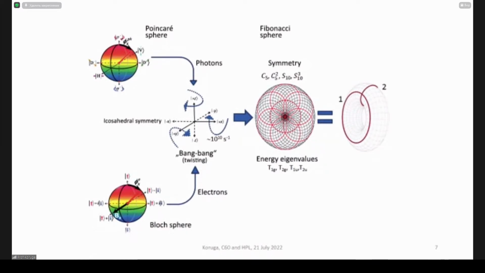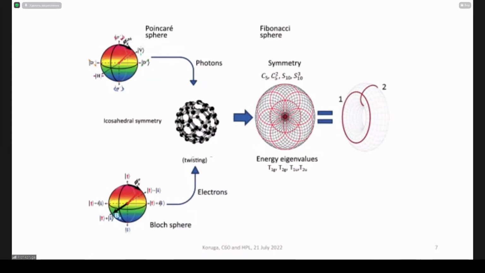Between the photons and the electrons there should be some material. And we found out this is a special material with 60 carbon atoms organized in 12 pentagons and 20 hexagons, with icosahedral symmetry property.